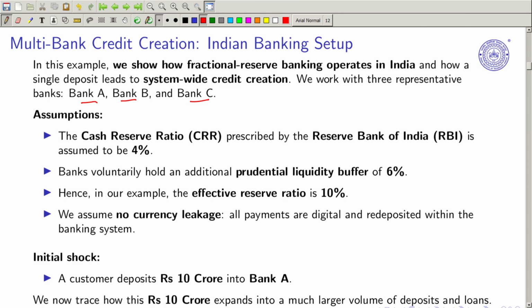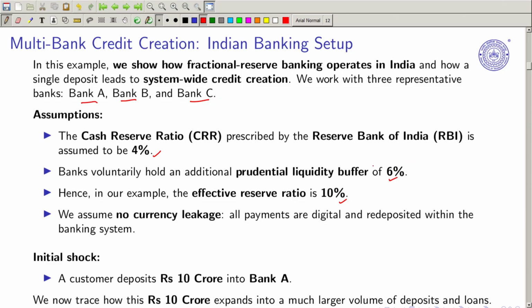The cash reserve ratio provided by the Reserve Bank of India is assumed to be 4%. Banks voluntarily hold an additional prudential liquidity buffer of 6%. And the effective reserve ratio, of course, is going to be 10%.